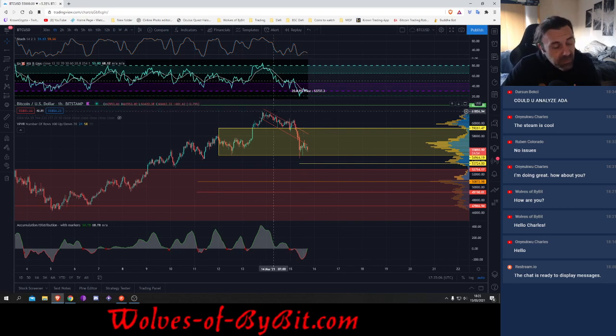So, on the Bitcoin chart, where did we leave off yesterday? Yesterday was somewhere around here, right about here. And we marked off this yellow zone as a potential area of bullish divergence.